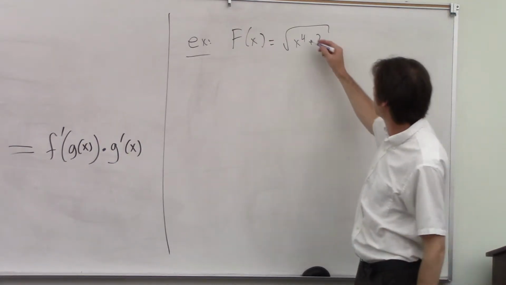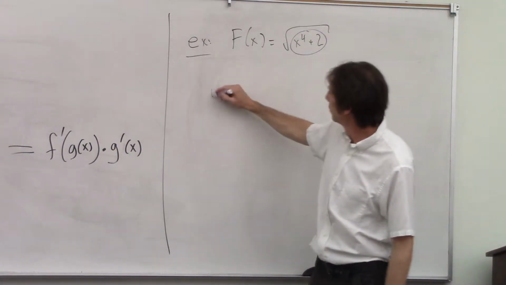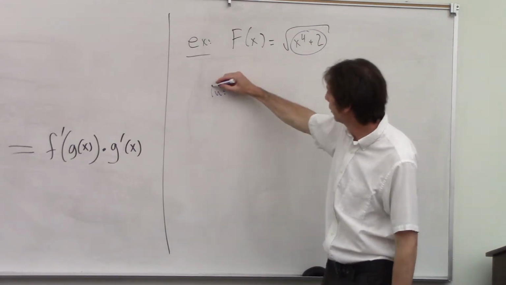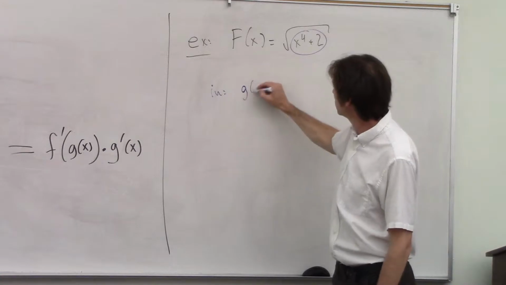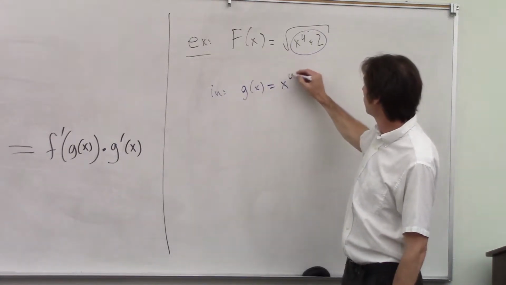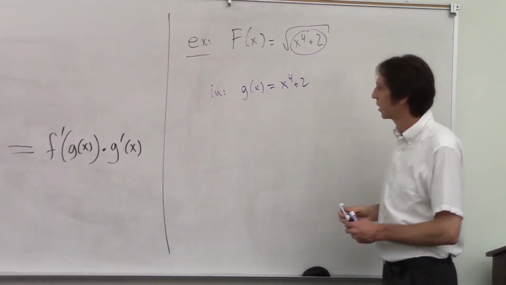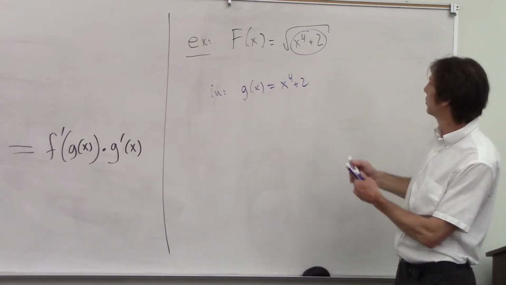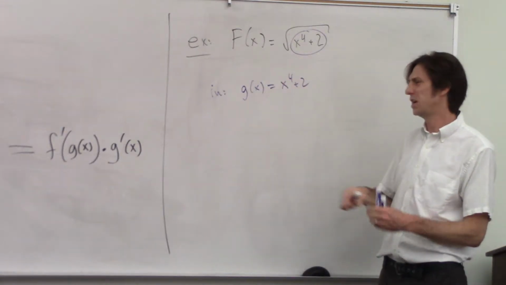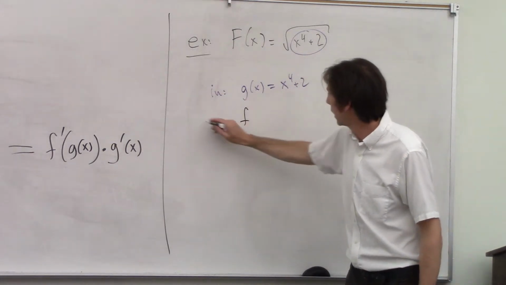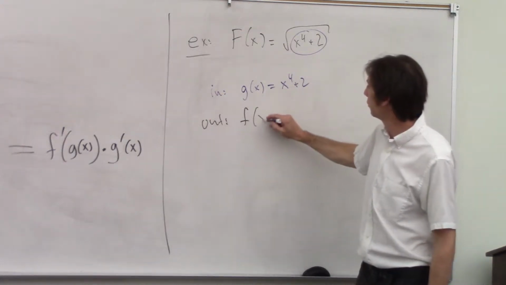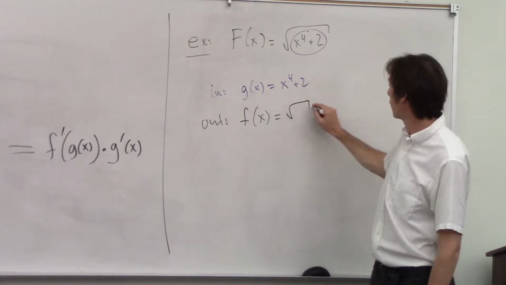And so here, my inside function, I'm going to call it lowercase g, using the notation from the formula. My inside function is x to the 4 plus 2. My outside function is the last function that's being done here. In other words, it's the square root function. So my outside function is lowercase f of x equals square root of x.